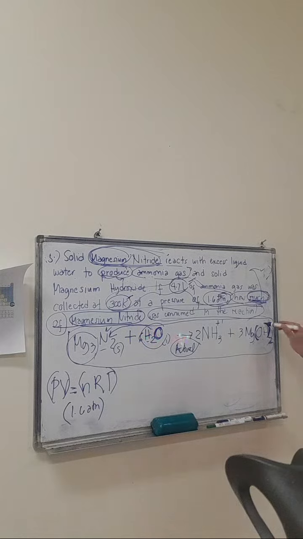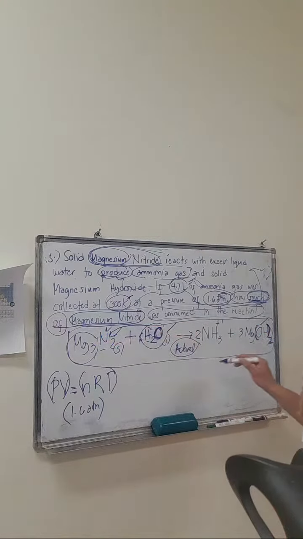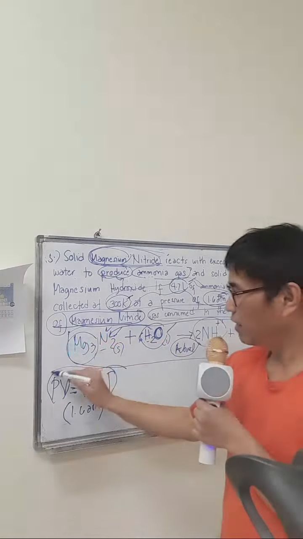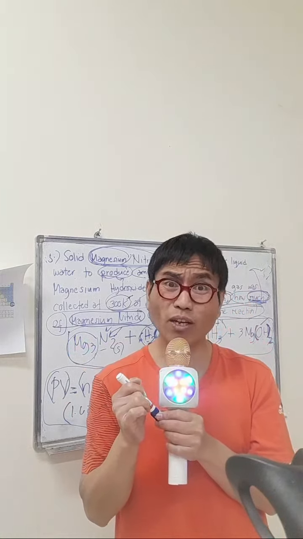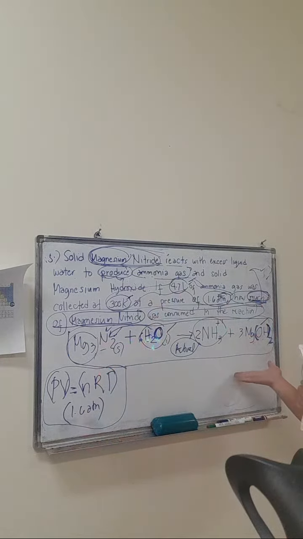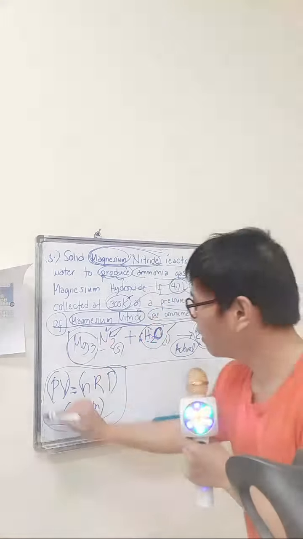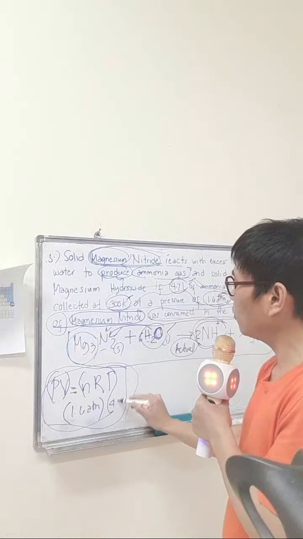It will not be applied to magnesium hydroxide, it will not be applied to water, it will not be applied to magnesium nitride. It's always a gas in this PV equals nRT. This is the limitation. It's only a gas. Do not apply that to liquid and solid. Since in this chemical reaction, the only gas here is ammonia. So this is all ammonia. Here, volume of ammonia, 4.7.